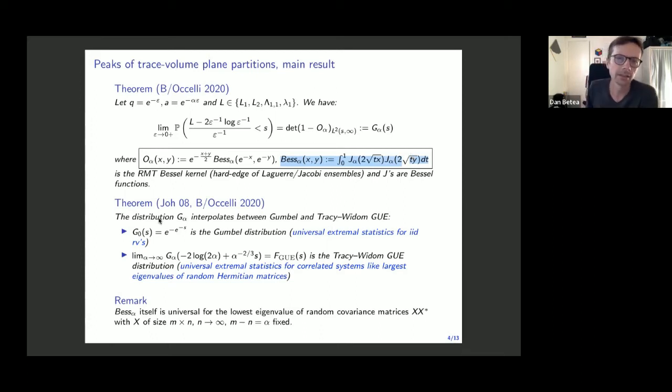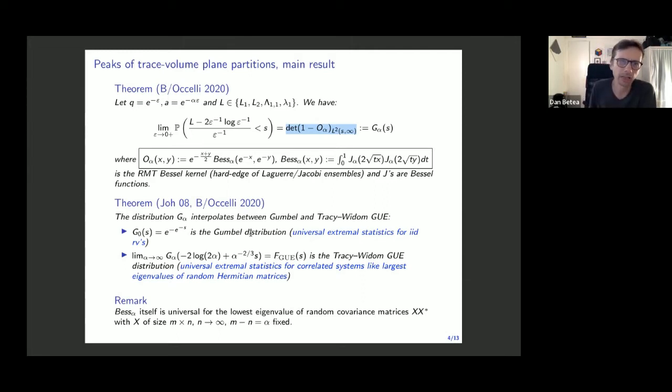Well, it turns out that this distribution, G alpha, which is a Fredholm determinant of something a bit mysterious, at least in combinatorics, has 2 nice limits. When alpha goes to infinity, you get the so-called Tracy Widom GUE distribution, which has the property that it's actually universal in, for example, if you look at the largest eigenvalues of random Hermitian matrices with IID entries.